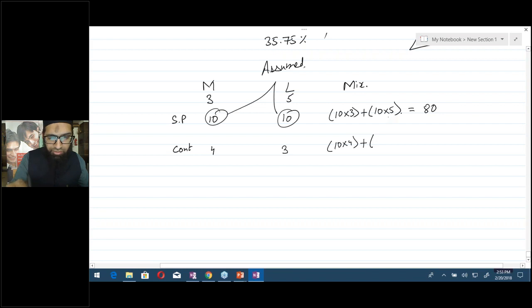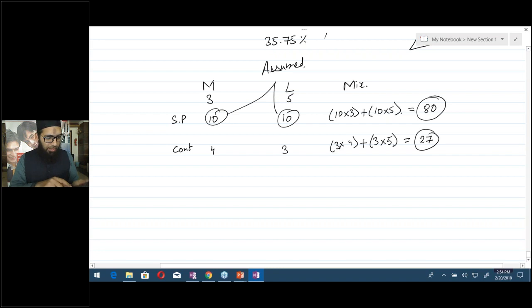Sorry, it's 3 into 4, not 10 into 4. It should be 3 into 4 plus 3 into 5. So if you calculate it, it will be 3 into 5 plus 3 into 4. It will be 27. So this is the contribution of a mix and this is the selling price of a mix.